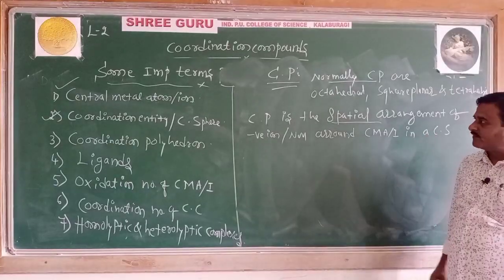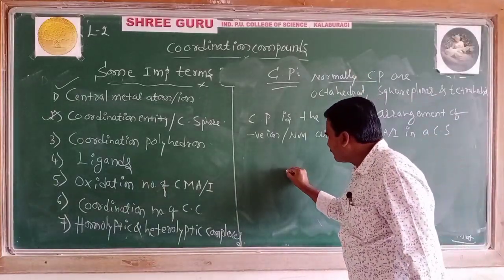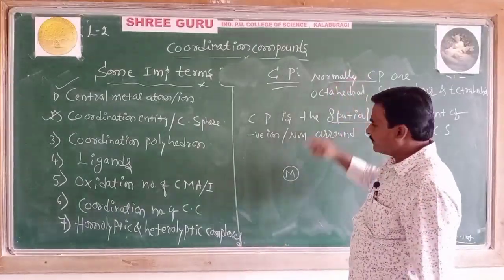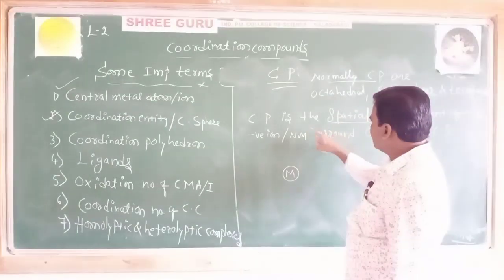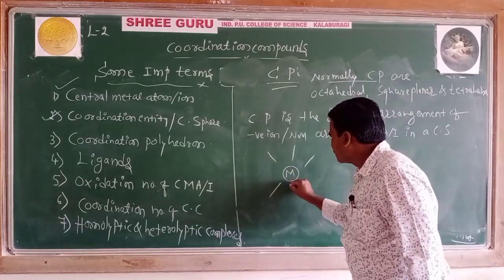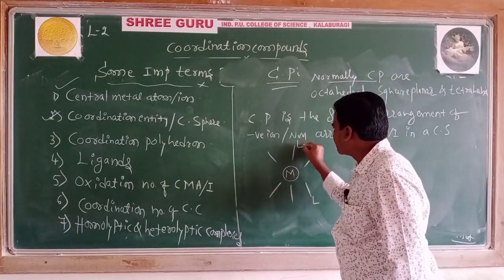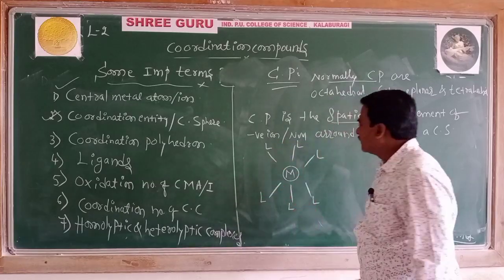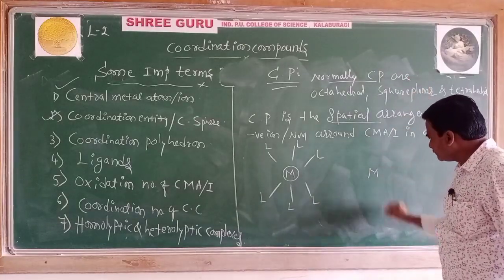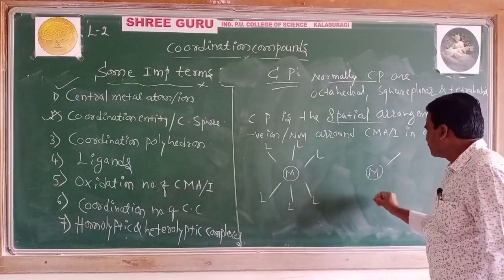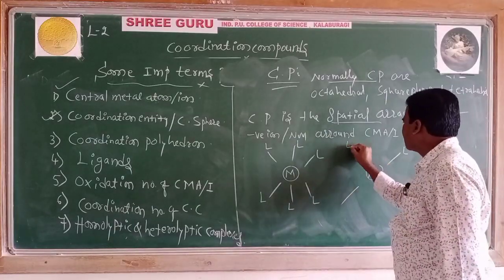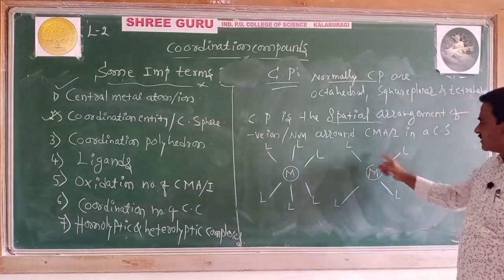If I take M to represent the central metal atom or ion, L represents the ligand, the negative ions or neutral molecules. In the octahedral, the metal is surrounded by the ligands on all sides. This is the octahedral polyhedron of a coordination compound. Square planar, M is the metal atom, and the ligands are arranged at the four corners of a square.